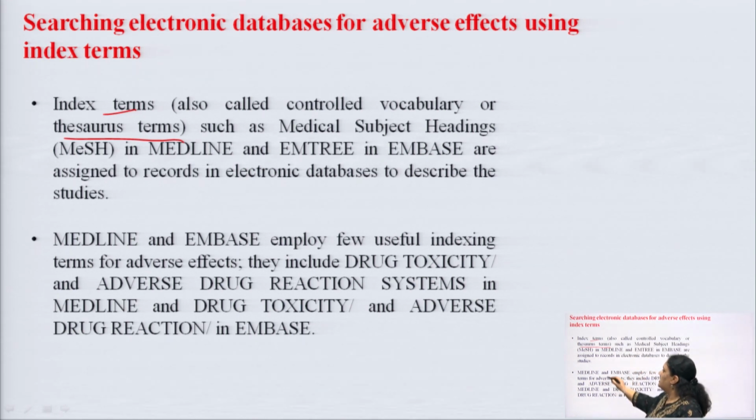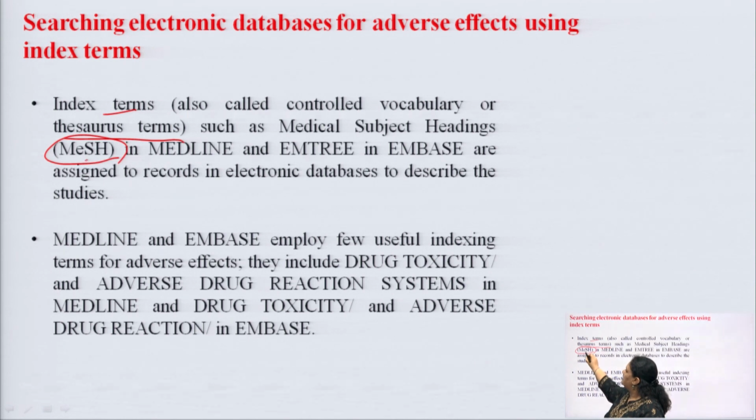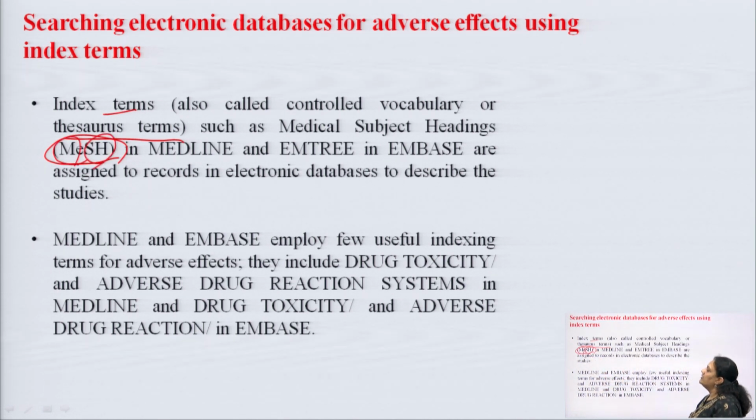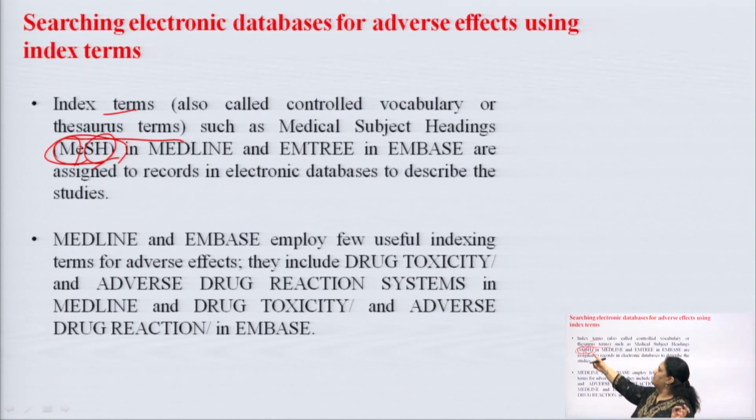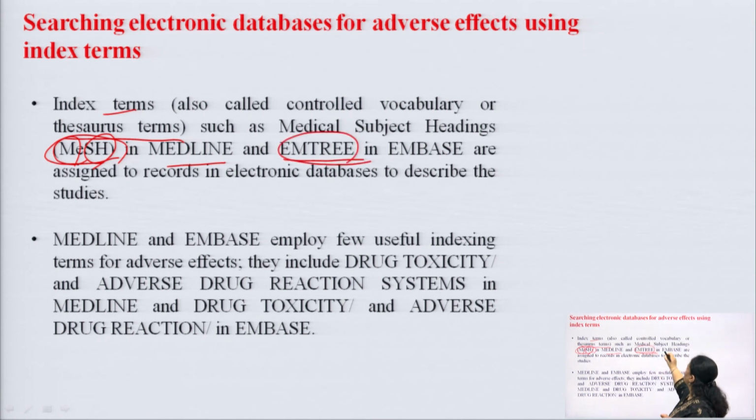You should know MeSH: Me means medical subject, heading, Medical Subject Heading. You will get this type of indexing in Medline and EMtree type of indexing in the case of Embase. This is the difference. You have to remember MeSH means Medical Subject Heading.